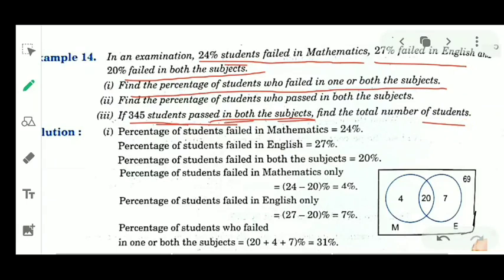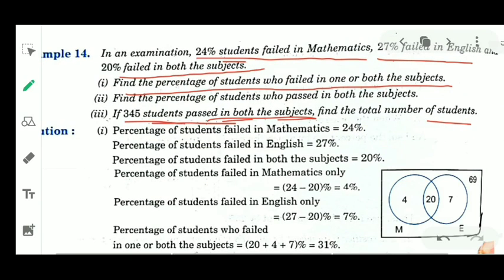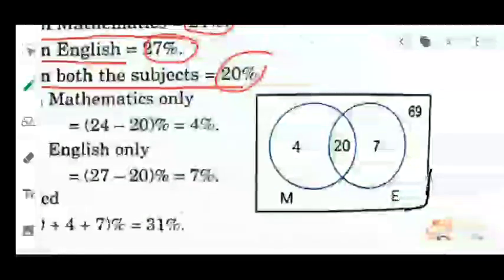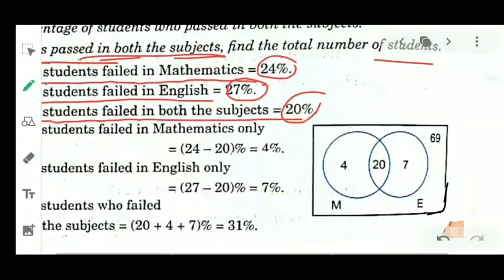Okay. So the percentage of students failed in mathematics equals 24%, percentage of students failed in English equals 27%, and percentage of students failed in both the subjects is 20%. Here look at this diagram. Students failed in mathematics is what? 24%.